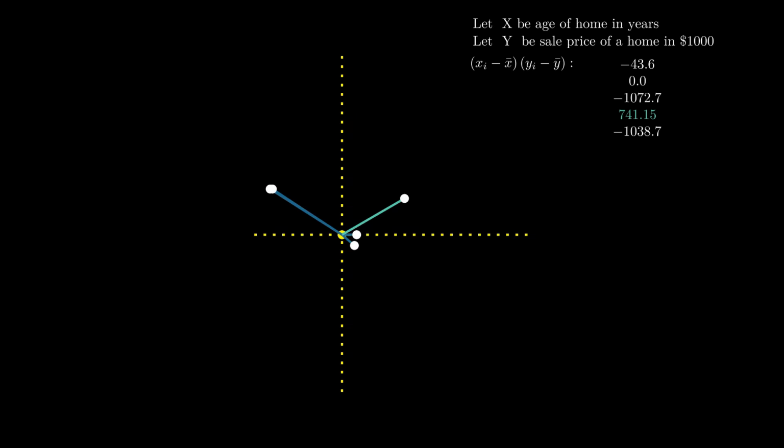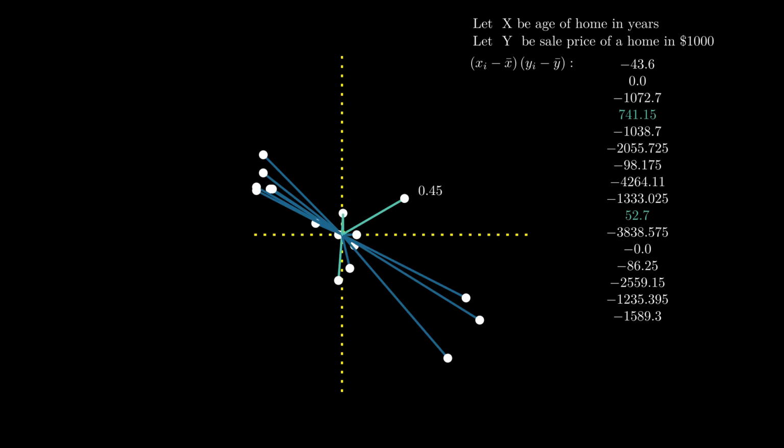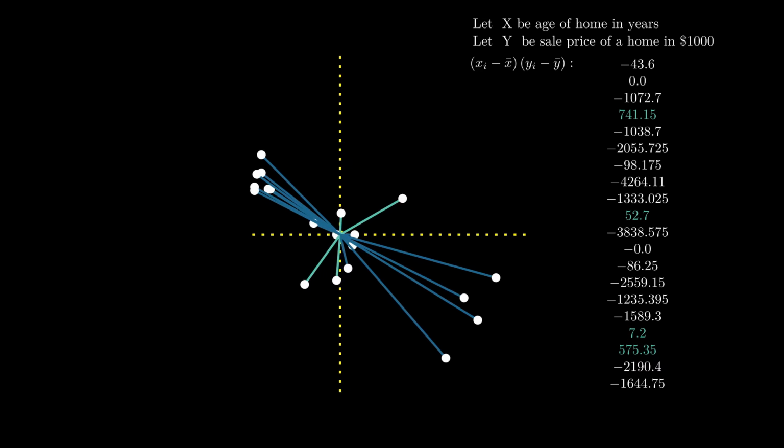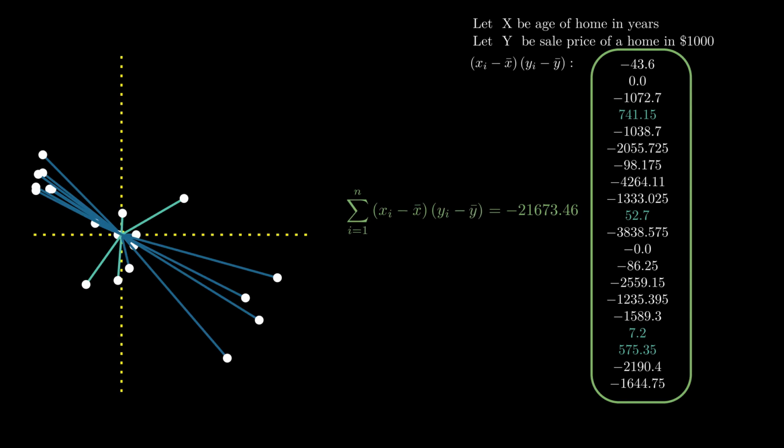Summing up the products of deviations from the sample means and dividing by the number of observations minus 1, we get a covariance based on the sample data. And it is negative, signifying a negative linear relationship between how old a residential home is and its sale price.